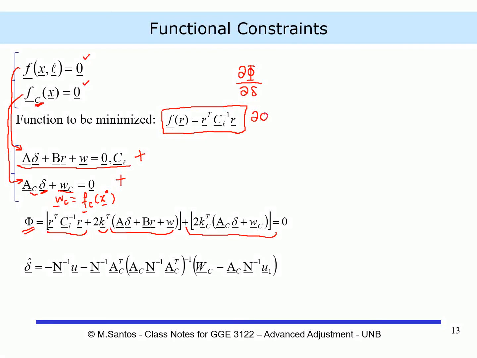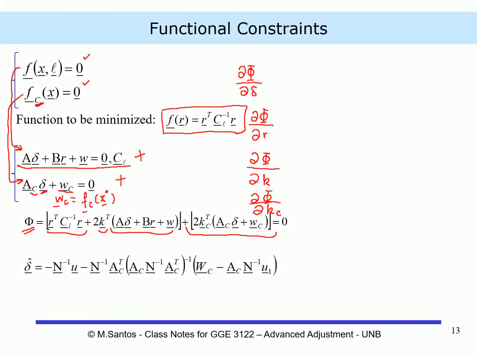So we have the partial derivative with respect to the parameters, with respect to the residuals. We have the partials with respect to the Lagrange correlates, and we're also going to have the partial derivatives with respect to the Lagrange correlates of the constraint.